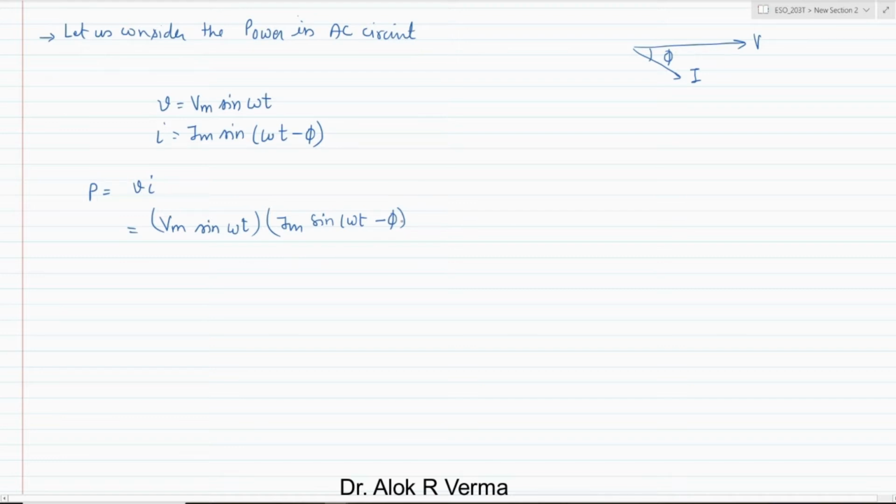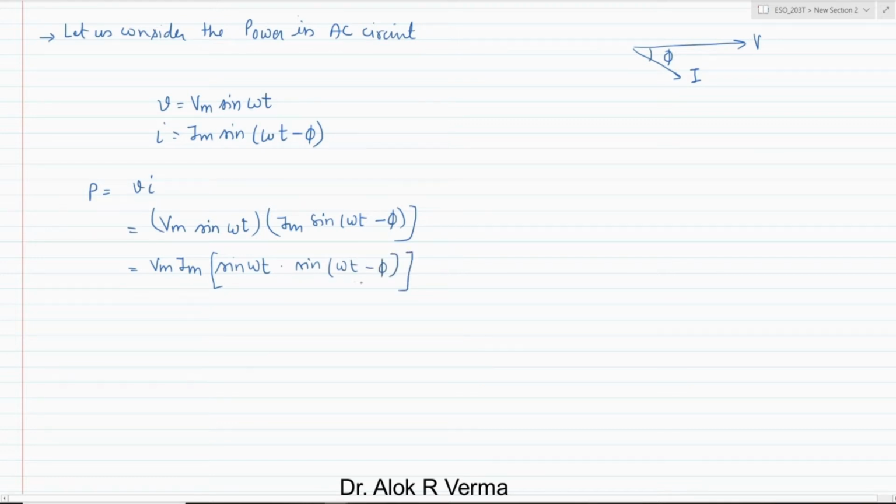Is it correct? So Vm Im sin omega t into sin(omega t minus phi).